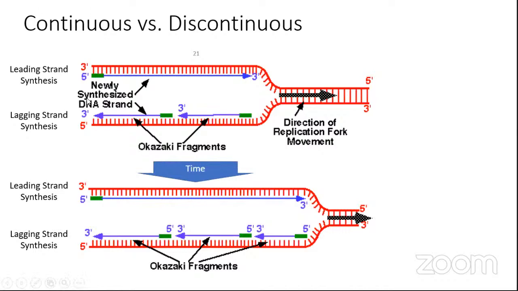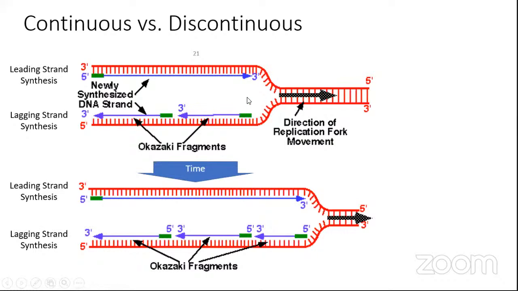Once it has moved till here, at this 5' end the RNA primer is formed by the primosome complex, and from here the direction of synthesis of the new strand goes towards the 3' direction, and it will be going only this way. It cannot go back here.